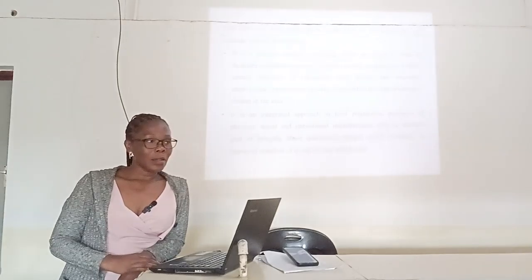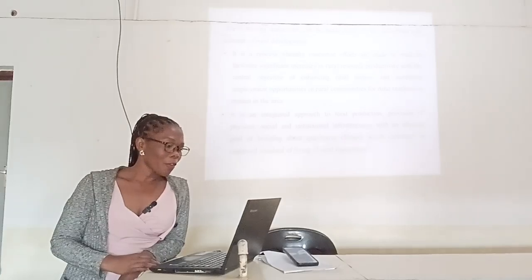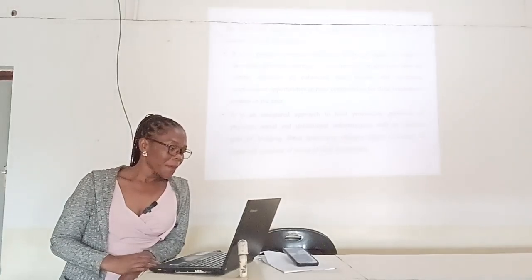Okay. So the following deductions can be made from all the definitions and concepts of rural development. We discussed almost three, if not four, definitions of rural development. So the following deductions have been made. It means rural development is a process whereby concerted efforts are made in order to facilitate significant increase in rural resource productivity.